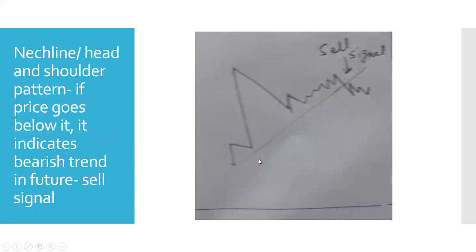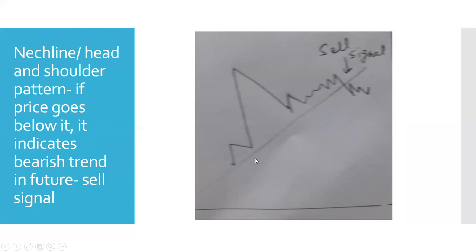This is the head and shoulder pattern or neckline pattern. Usually, after a long upward trend in the market, at the end, a neckline pattern is there. In the head and shoulder pattern, there is a small jump, after that a huge jump, then a small jump, and then small zigzag lines.